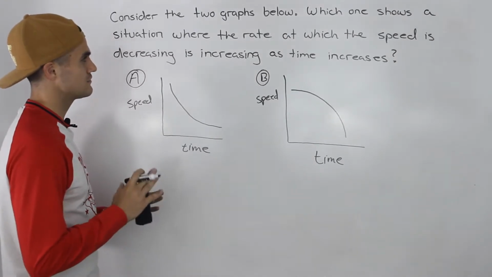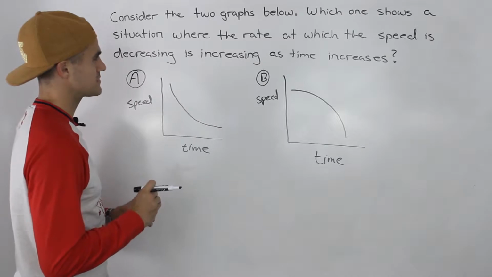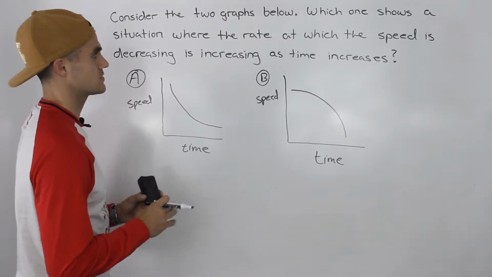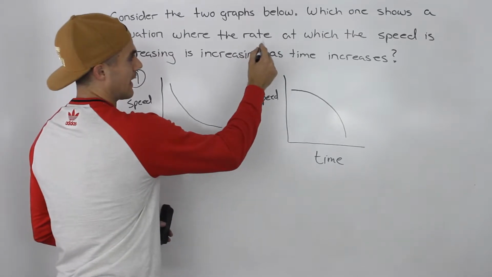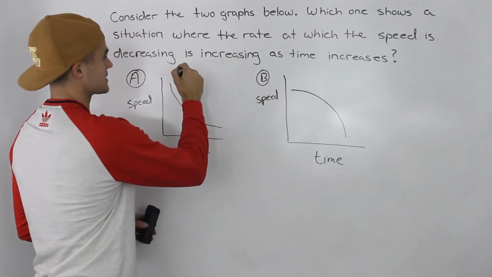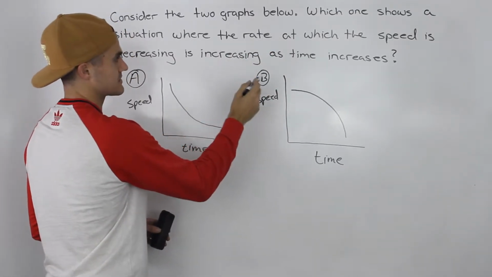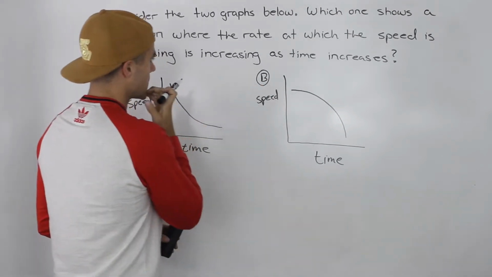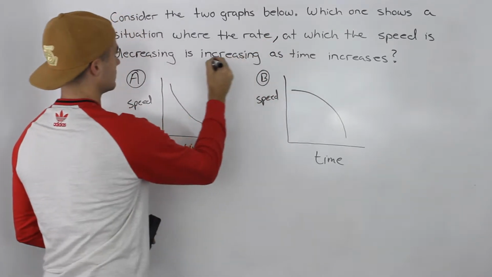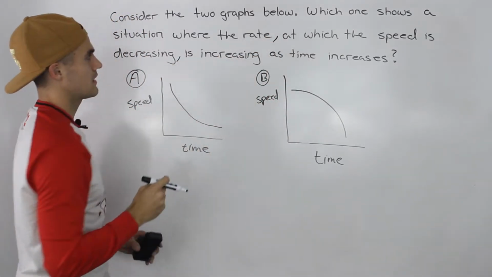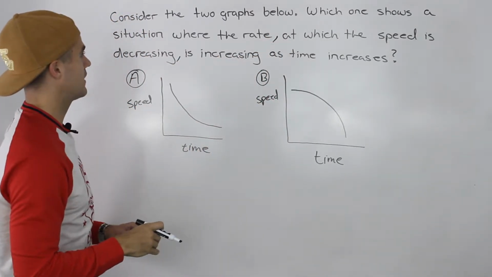Okay, so lots of wording going on, perhaps a bit confusing when you first read it, so we have to break this down one more time. The rate at which the speed is decreasing is increasing as time increases. Well, notice if we put a comma here, it makes it a little better to understand.